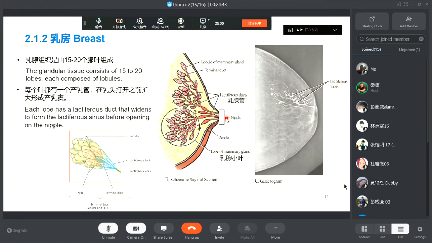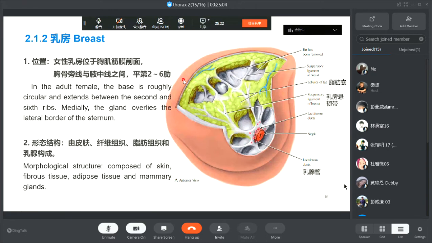We can see that in the nipple, this yellow part is the fat tissue, and it consists of the subcutaneous ligament. Also in the breast there are many mammary glands.